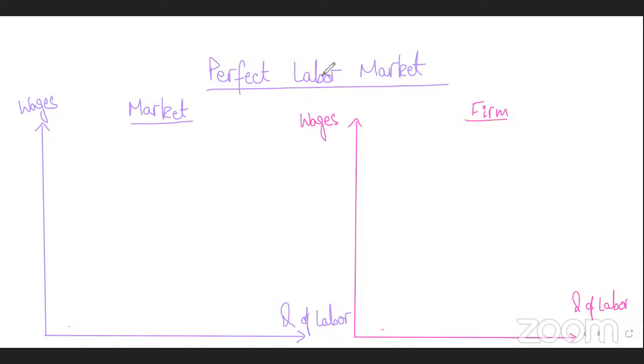Now, first, looking at the market side, think about it. What is the total demand for labor in the market that will be represented by the demand for labor curve? What is the total demand for teachers in, let's say, Pakistan?